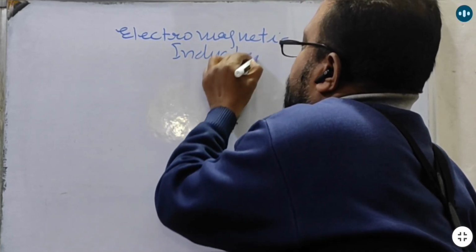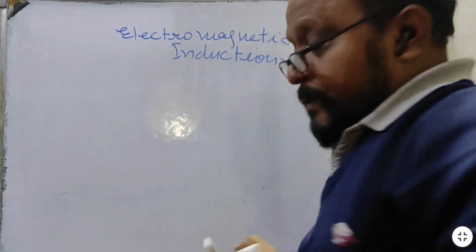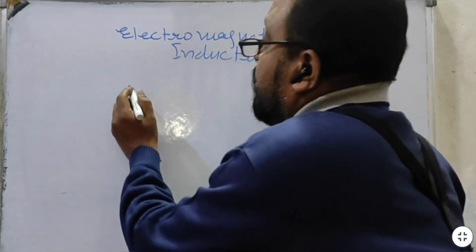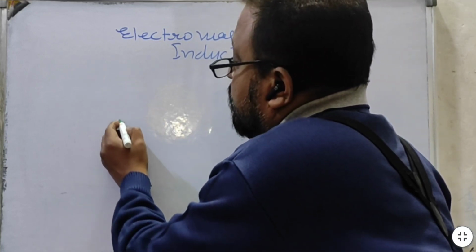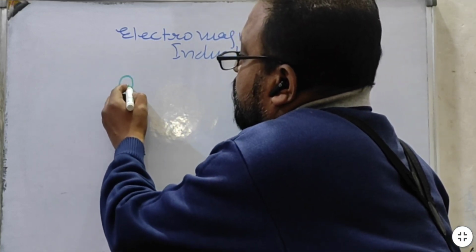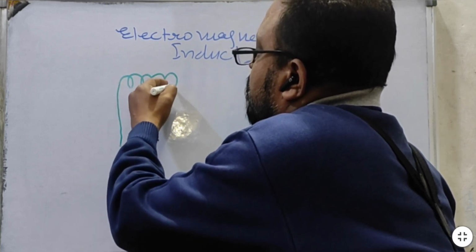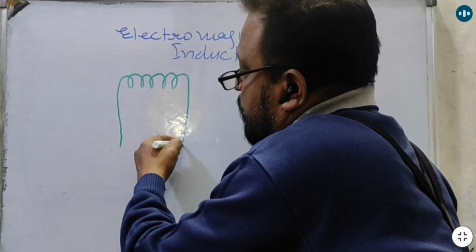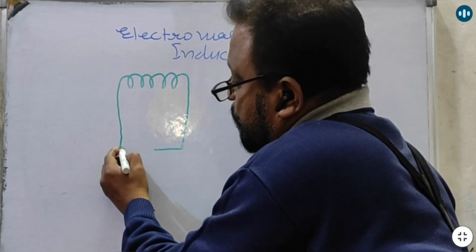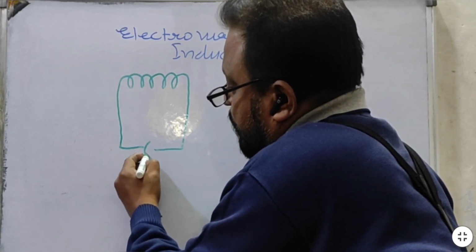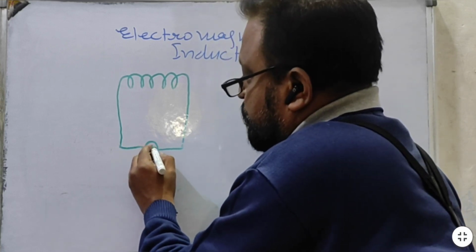So what happens in this is we are having a coil, like this. This is a coil, and this is we have galvanometer, right? This is galvanometer.